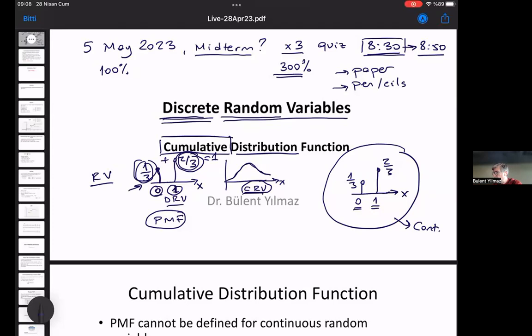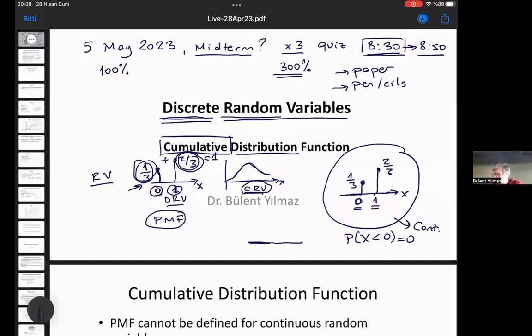For example, what is the probability of obtaining a number which is less than 0? It is 0, right? So before 0, it will be 0. At 0, it will be 1/3, and between 0 and 1, until 1, it will be 1/3.